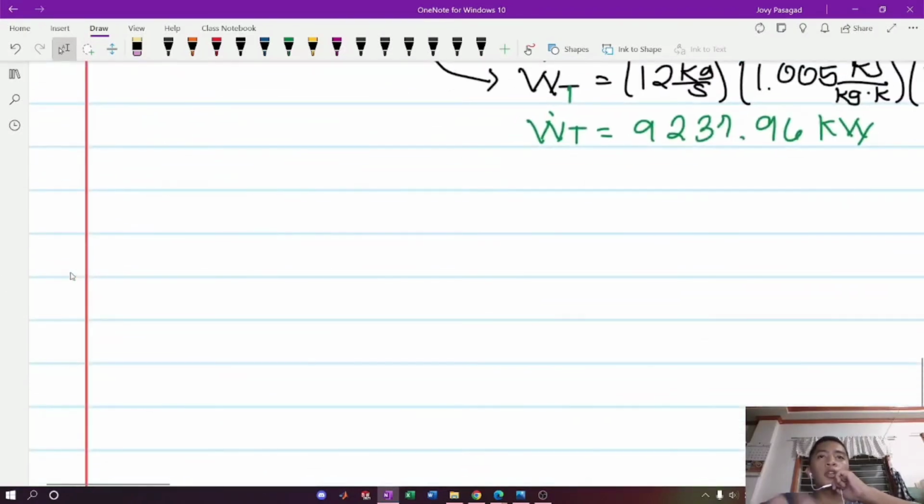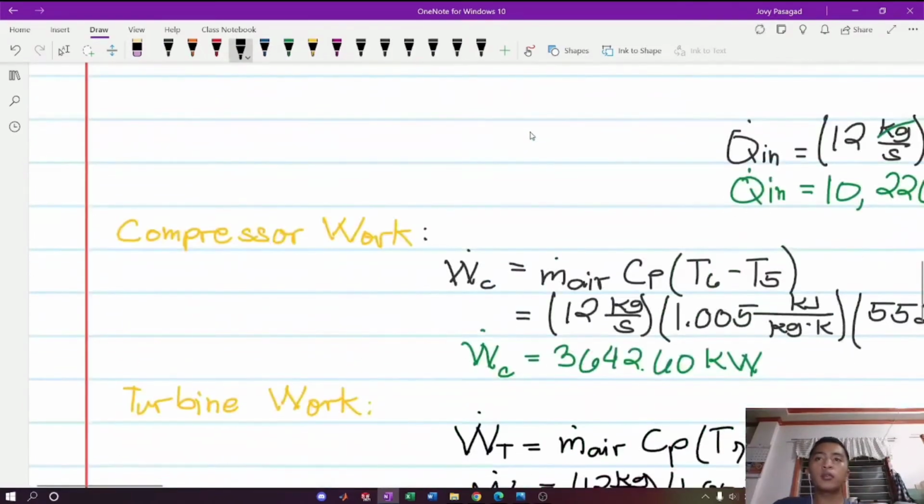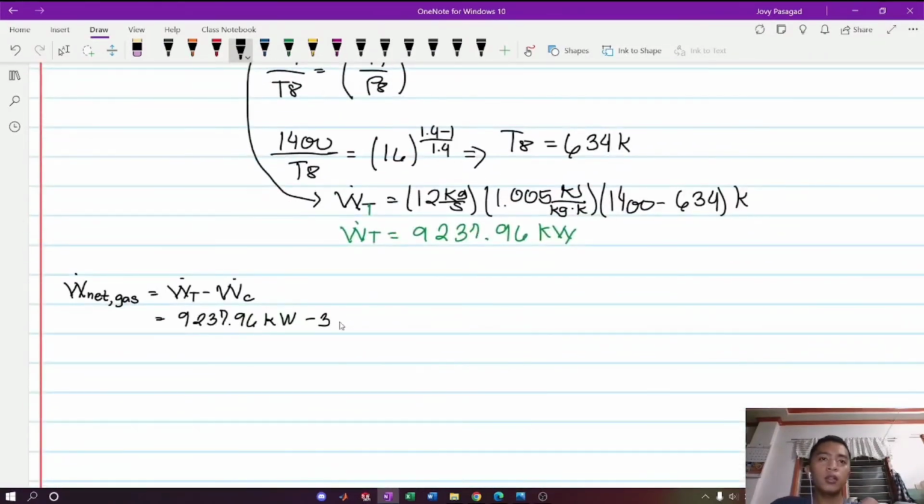The net work of the gas cycle is work dot of the turbine minus work dot of the compressor. For the turbine, you have 9,237.96 kilowatts minus the compressor, which is 642.36 kilowatts.